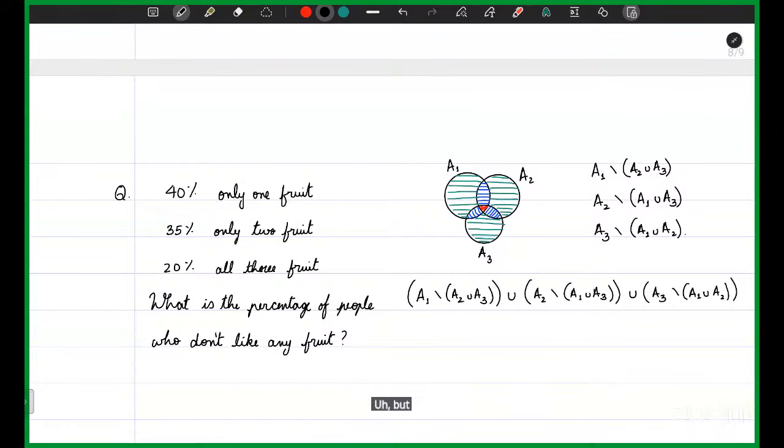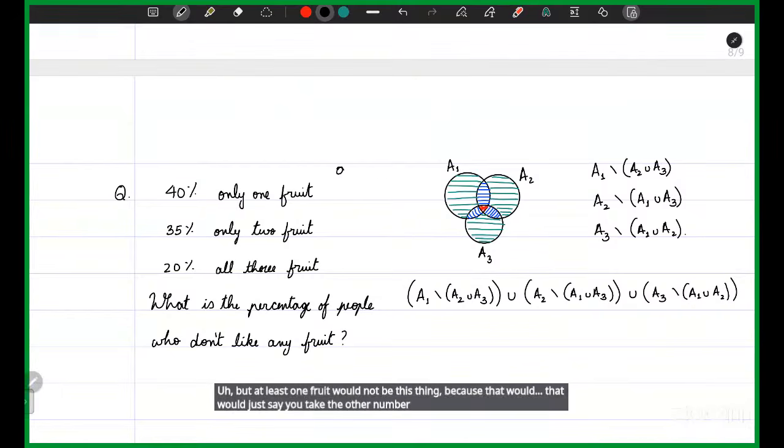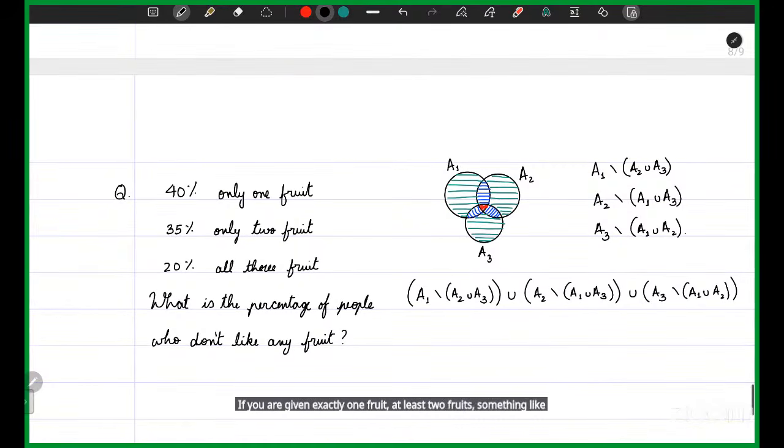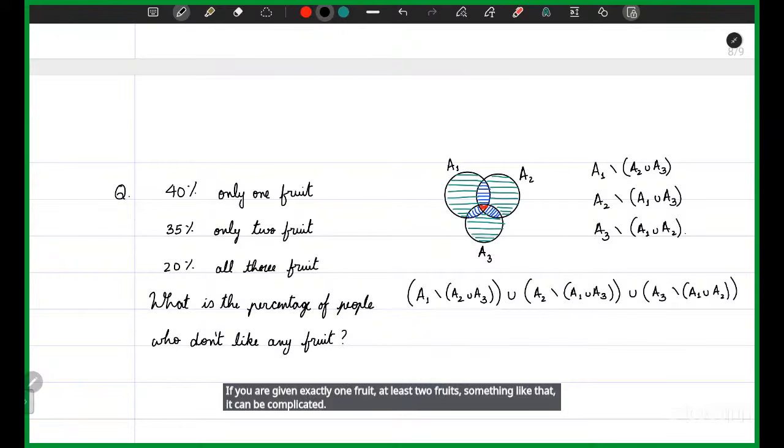At least one fruit would not be this thing, because that would just say you take the other number. Suppose it is given that at least one fruit is liked by 95% of the people, then of course 5% don't like anything, right? So that is actually not an interesting question. If you are given exactly one fruit, at least two fruits, something like that, it can be complicated. I cannot think of something.